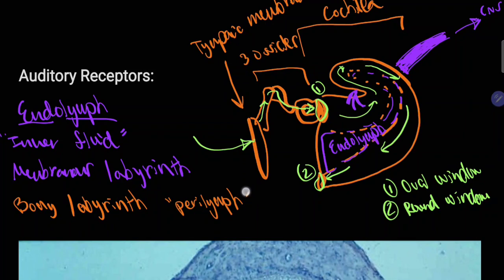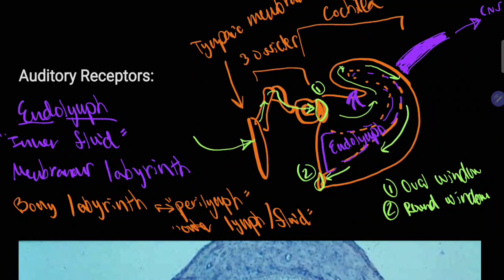And it's through this fluid that our sound signals are going to travel, bounce off that round window, and so on. So try to keep these terms separate. Bony labyrinth goes with perilymph, that outer lymph or fluid. And then our membranous labyrinth outlined in purple is going to be filled with that endolymph, that inner fluid.